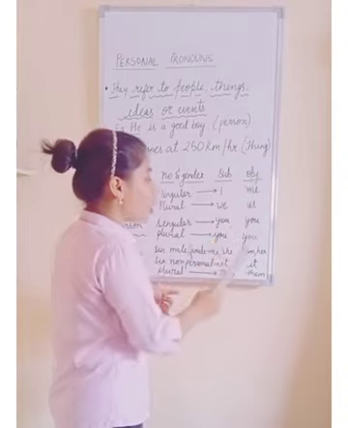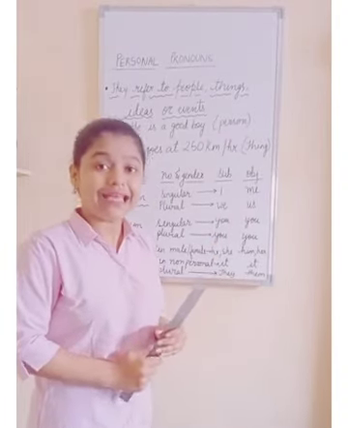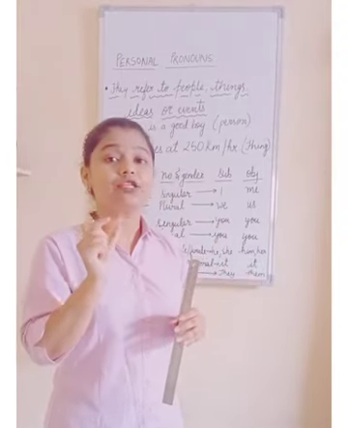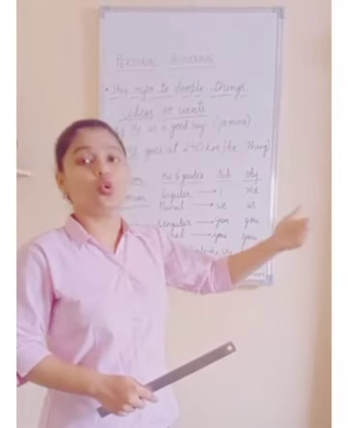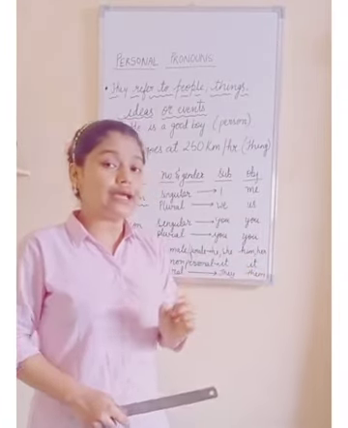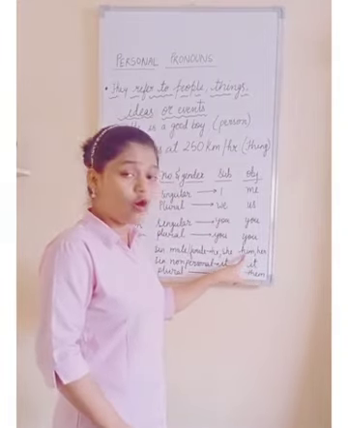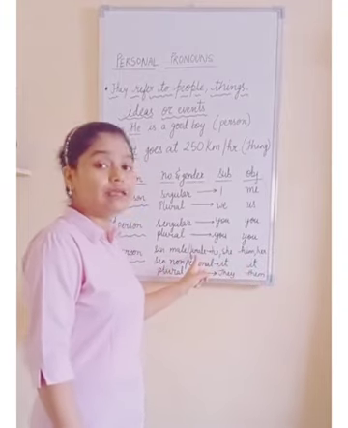Whereas in place of object, we use him or her, right? He is a good boy. He here is in the place of subject. And if I say, I told the things to him, when I am using it in the place of object, at that time I am using him for the male and her for female.